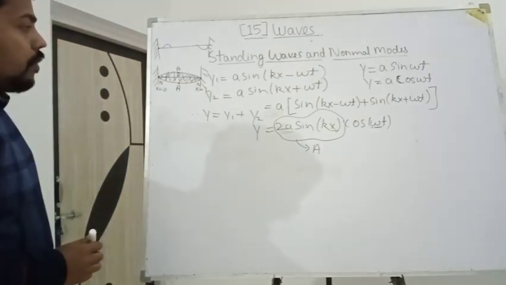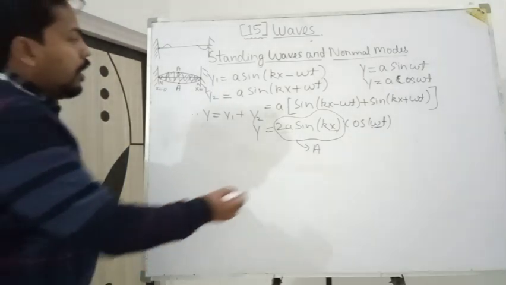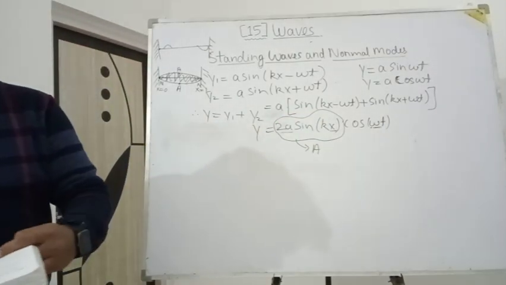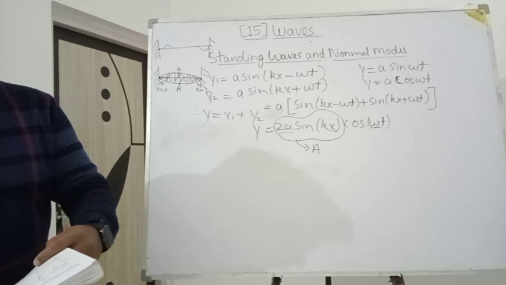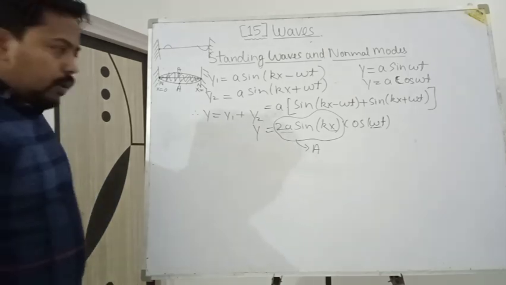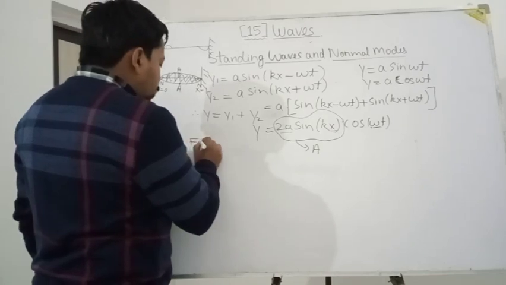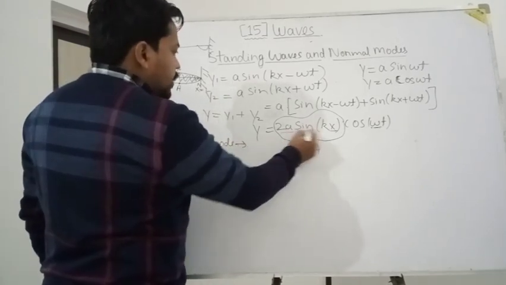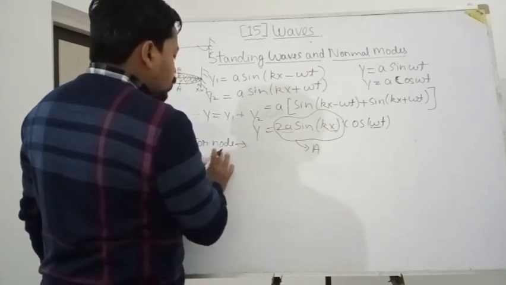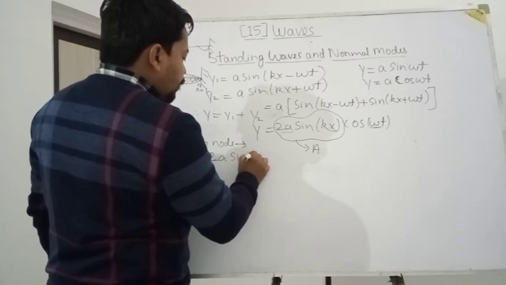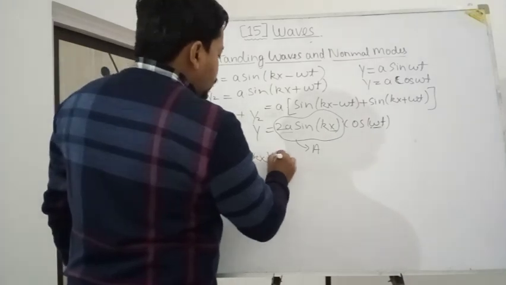Okay, so here you can see, let's talk about the amplitude factor, and what you can consider for nodes. For nodes, this quantity 2a into sin kx should be equal to 0.